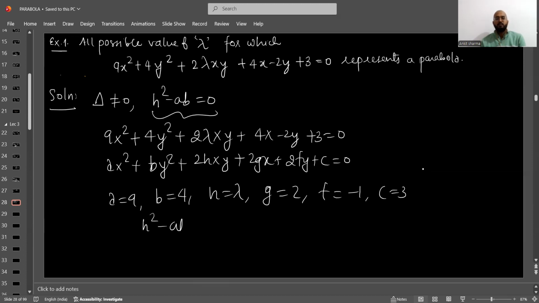Since we want h² − ab = 0, we have λ² − 36 = 0. That means λ = 6 or −6.